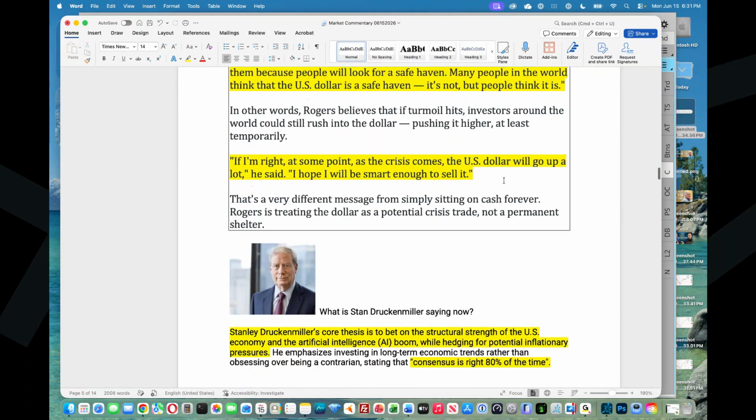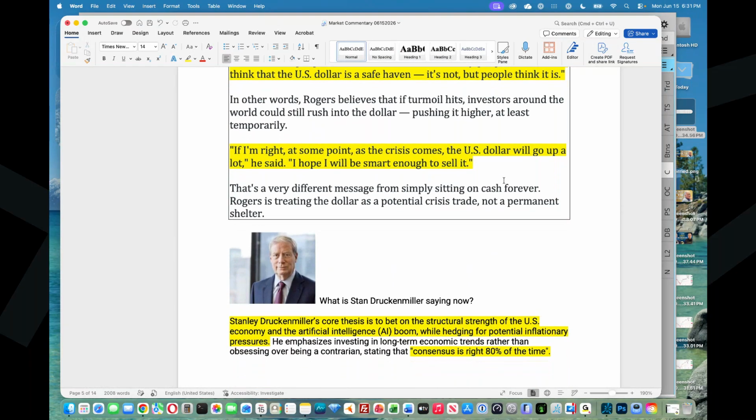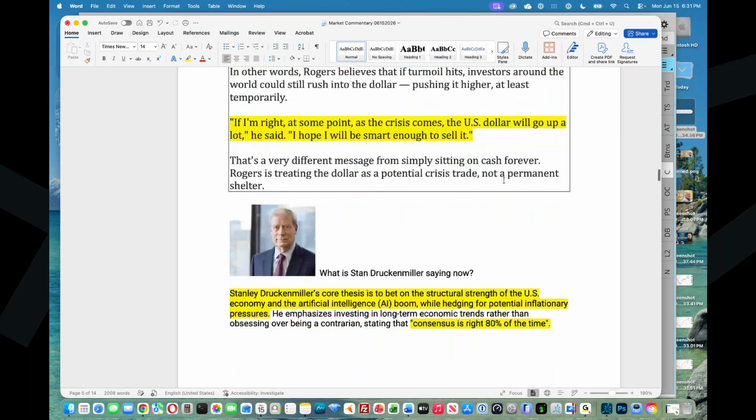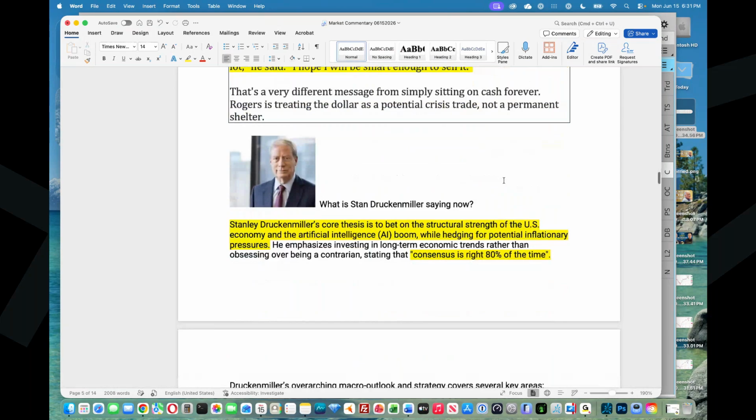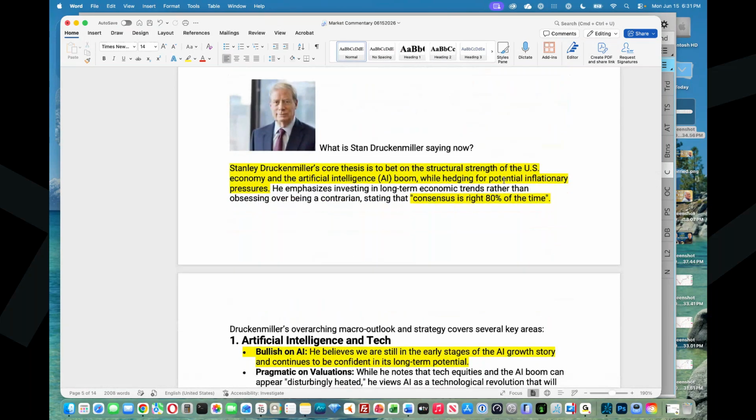So now Jim Rogers was George Soros' first macroeconomist that he paired up with. And then a little while later, he paired up with Stan Druckenmiller, who's also a legendary investor and a macroeconomist. His core thesis is to bet on the structural strength of the U.S. economy and artificial intelligence, the AI boom, while hedging for potential inflationary pressures. Consensus is right about 80% of the time.